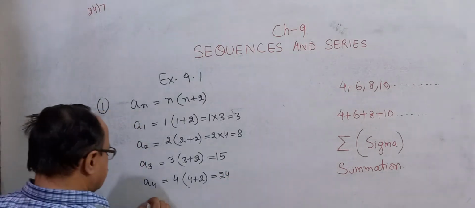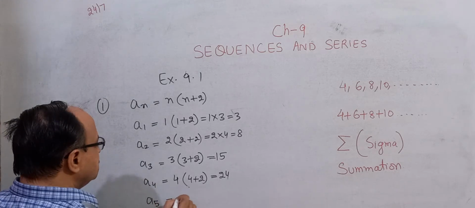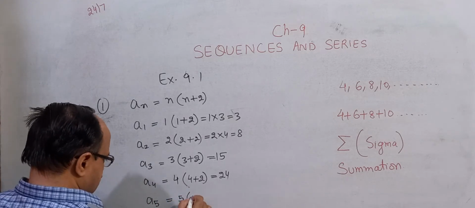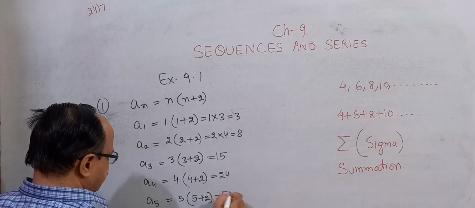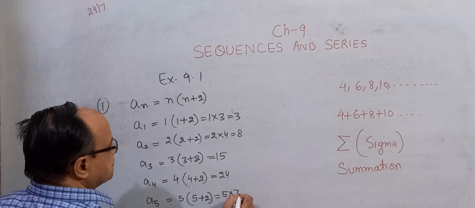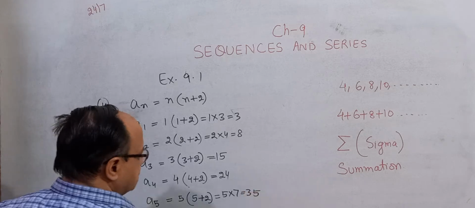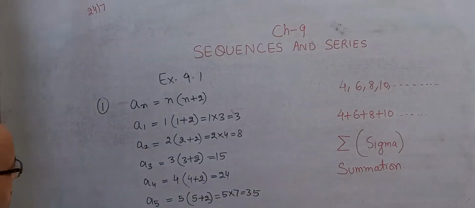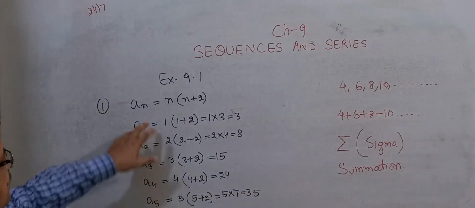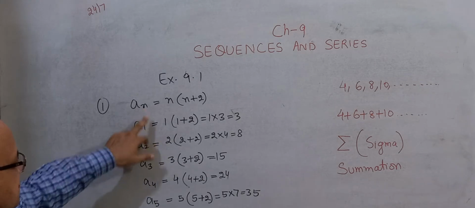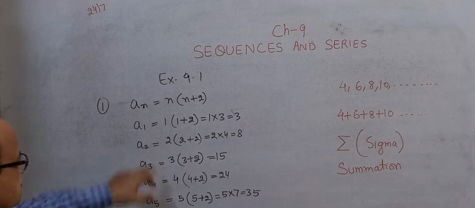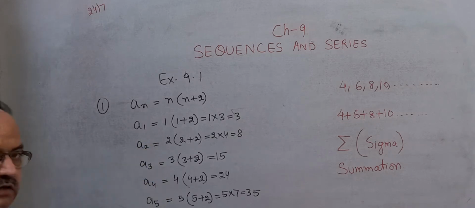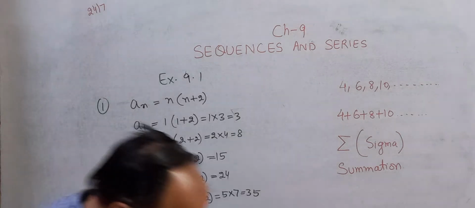Similarly, you can find a5: 5 into 5 plus 2, that is 5 into 7, 35. Just put the value. If you put 1, then you will get the first term. If you put 2, then you will get the second term. Clear? This is the first question.